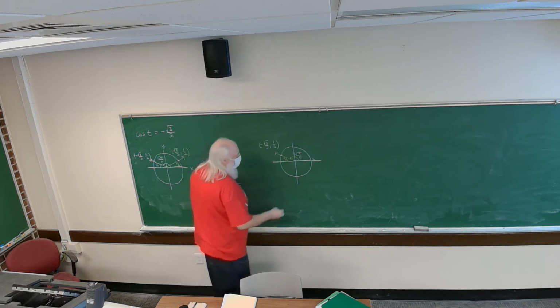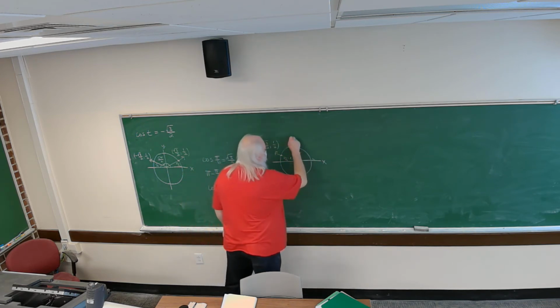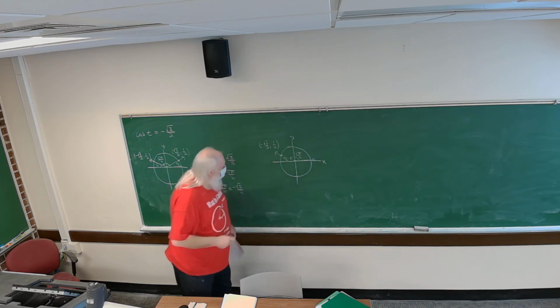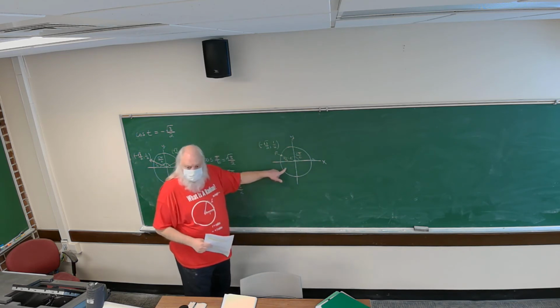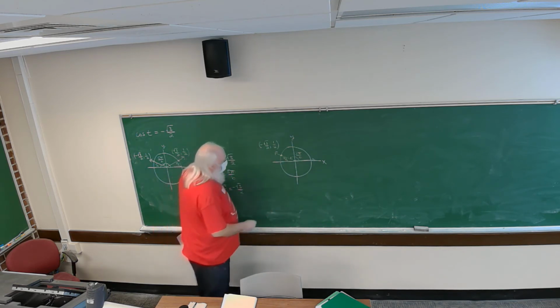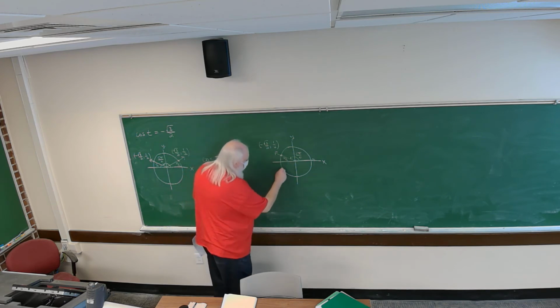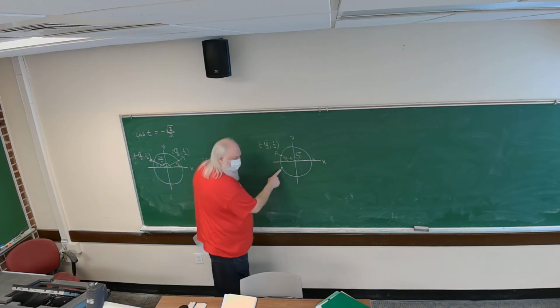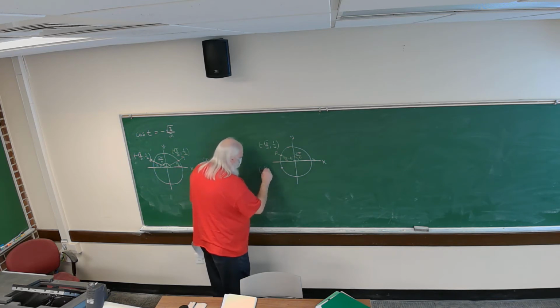Well, not only does the unit circle have y-axis symmetry, it has x-axis symmetry. So there is a point below the x-axis on the unit circle that's symmetric to this point, and it has the same x-coordinate as this point up here, minus square root of 3 over 2.